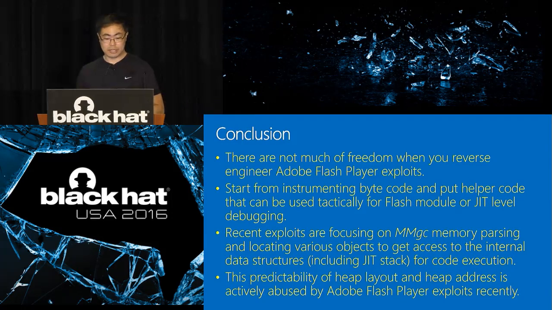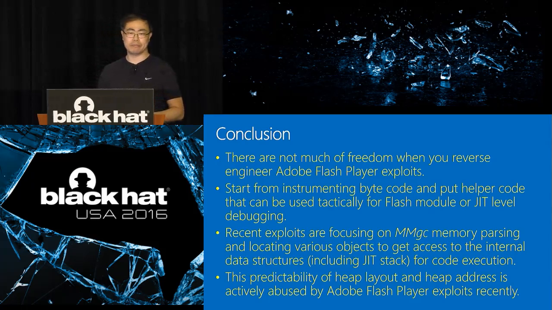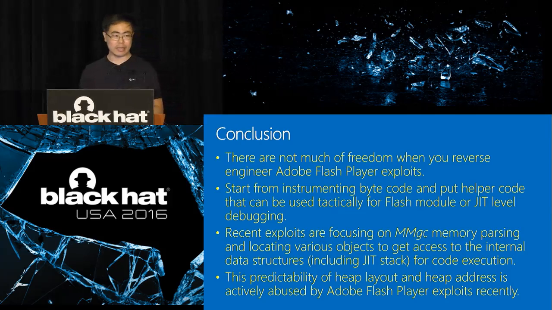So, conclusion. Even though we introduced some different techniques here, like decompilers, disassemblers, bytecode instrumentation, and native-level debugging, and even if you have symbols or source code, AVM plus source code, it's not that easy to debug or reverse engineer these Flash exploits, and that's why not much information is public.